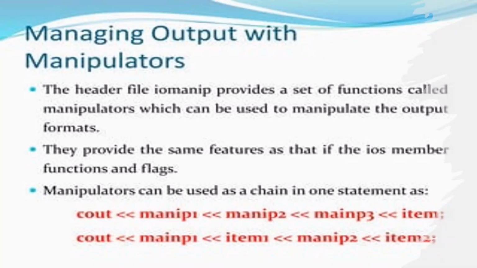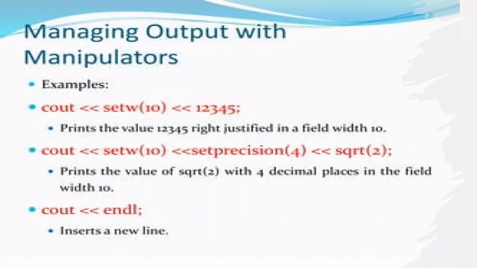This is used to implement the output format. They provide the same features as the ios member functions we saw before. It works like a chain statement, for example cout << manip1 << manip2 << item.